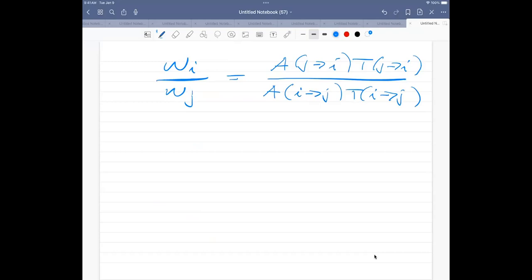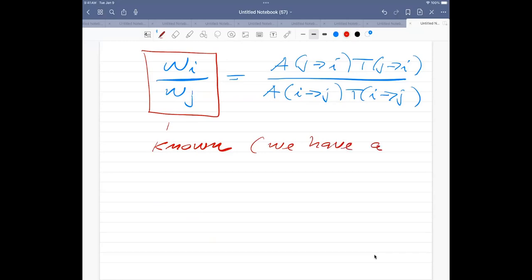So what we can frame in here is that this ratio is known. Obviously, what is on the left-hand side is just given by the ratio on the right-hand side. So we don't know what the terms are, okay? So we have a model for the probabilities, and in our case, this model is the wave function.